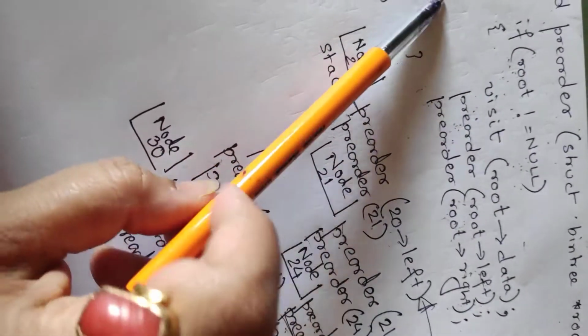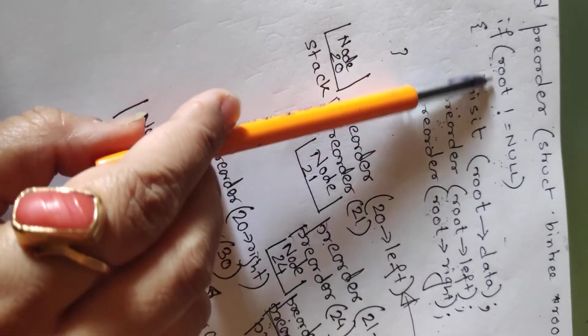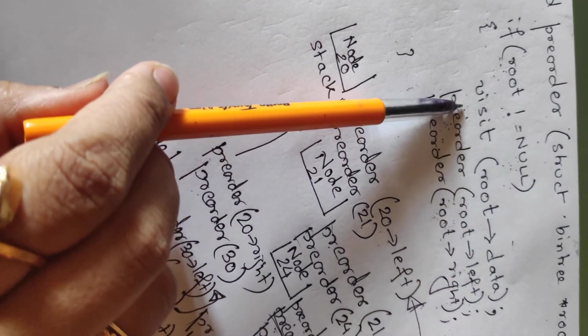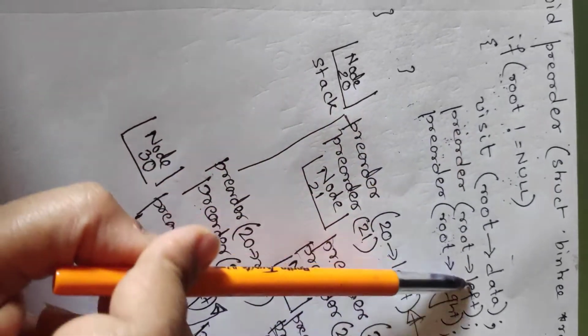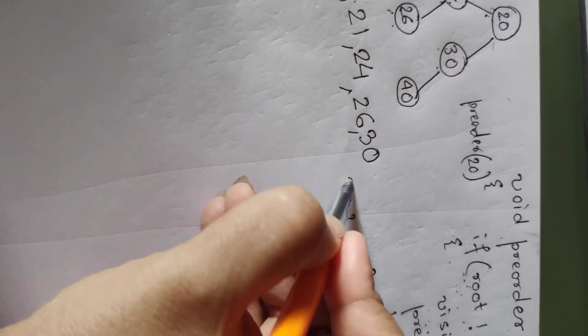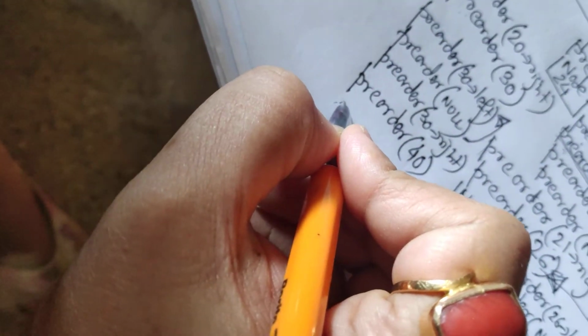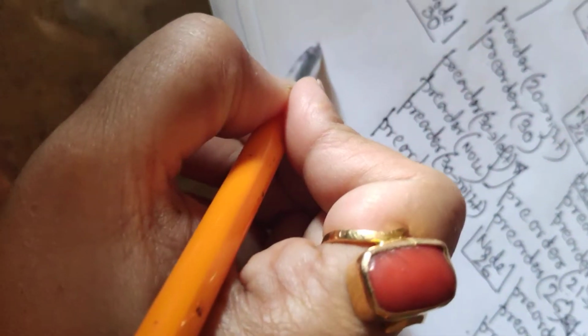Right? Now again when you do this recursive call, 40 is not equal to null. So there is a visit to root data, so there is a visit to the node 40. From here, 40 gets saved onto the stack.